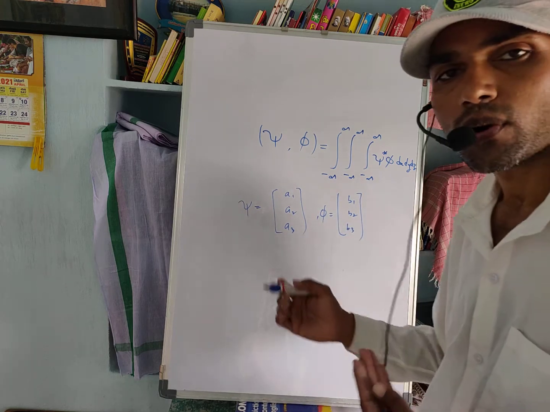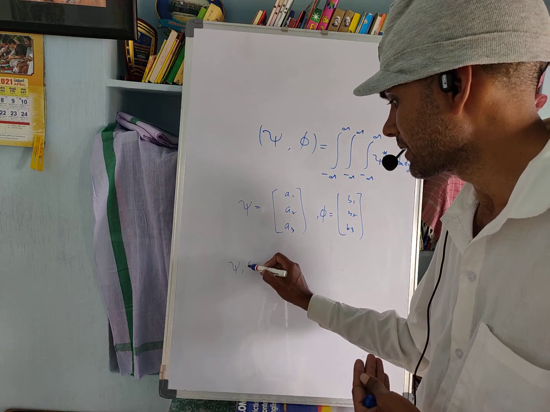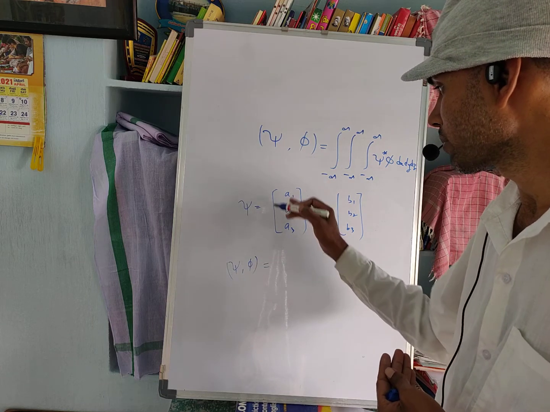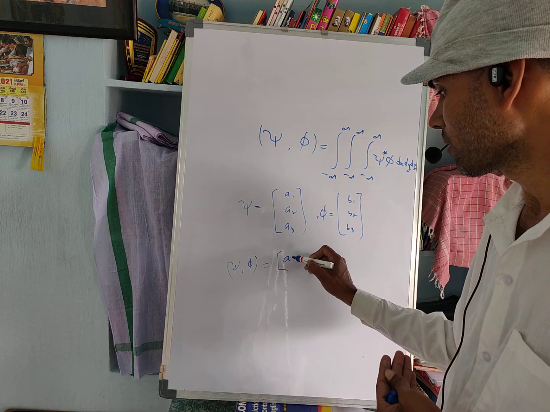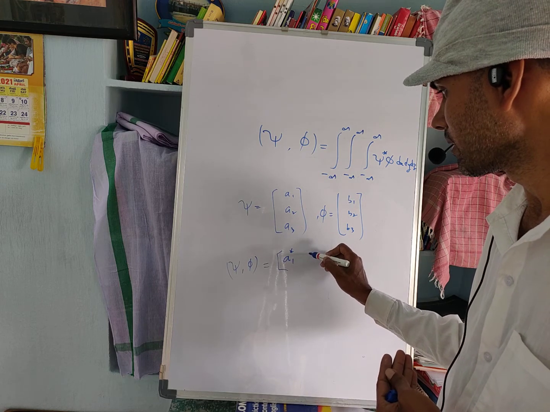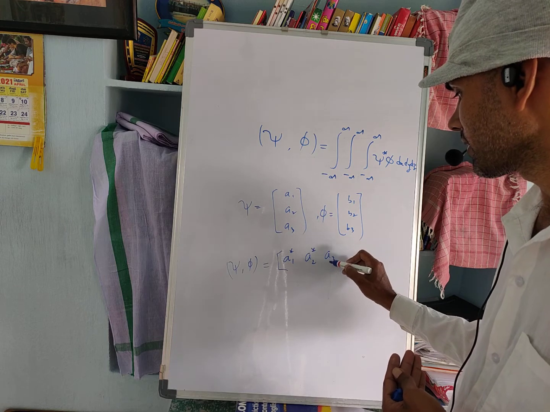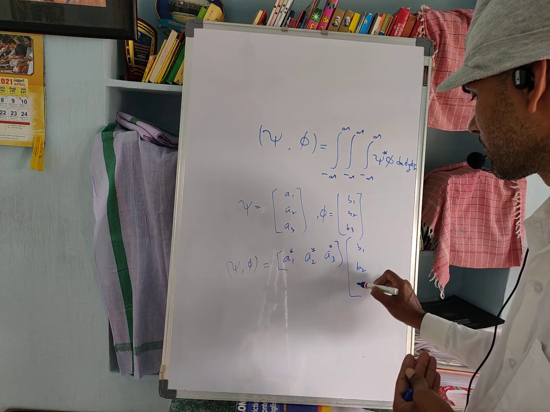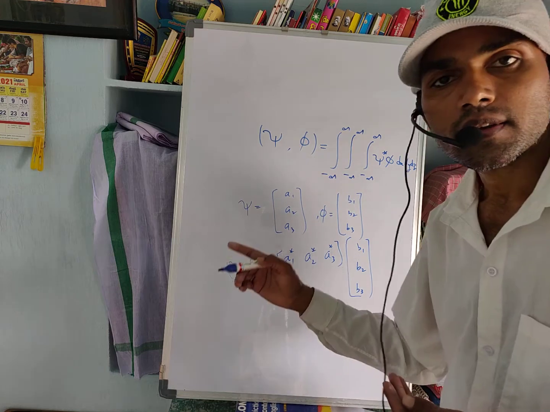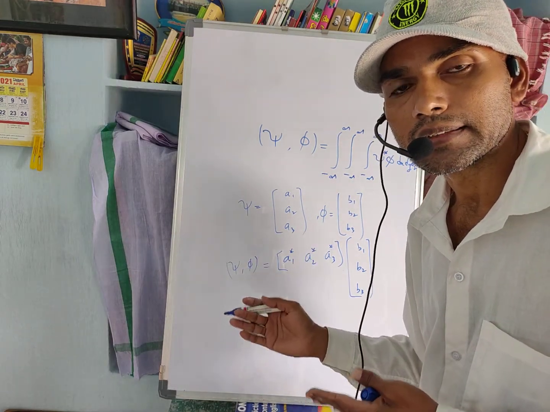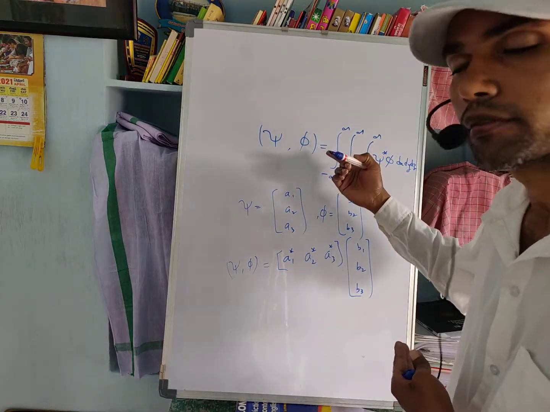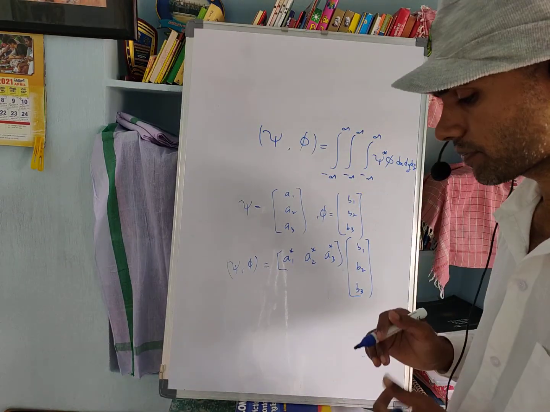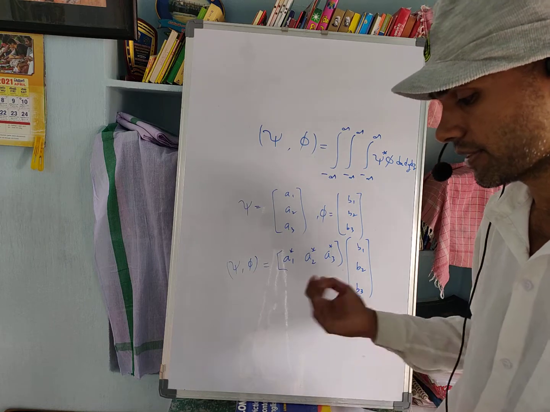Then the scalar product of psi and phi, written with the same notation, is first written as a row vector involving the complex conjugates a1 star, a2 star, and a3 star, and after that we write phi, involving b1, b2, and b3. This is the definition of scalar product if we designate the states as vectors, and the earlier one is the definition if we designate the states as functions. So this is the definition of scalar product of state functions and state vectors.